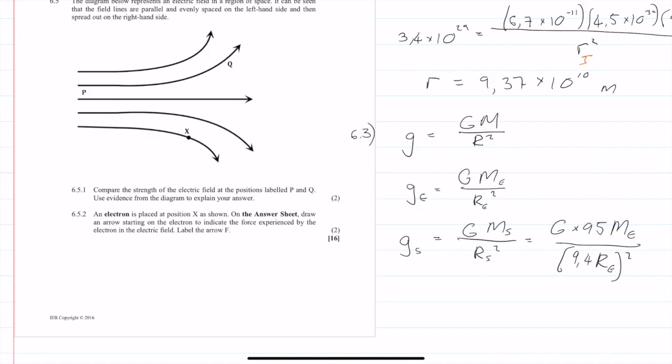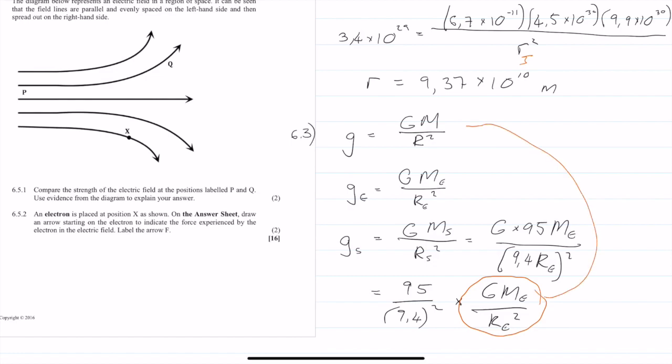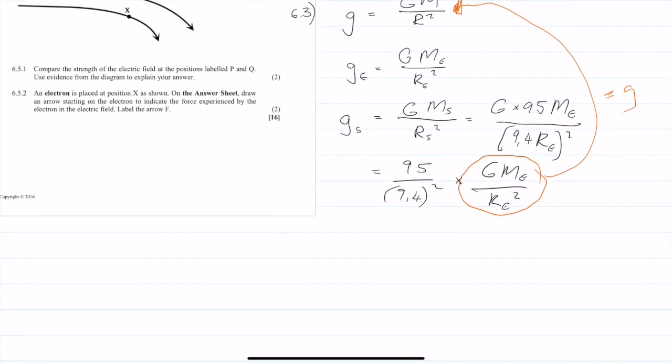Now I'm going to write it in a different format. I'm going to pull the 95 forward, and take the 9.4 squared out the bottom, and then we're left with G, mass of the Earth over radius of the Earth squared. This whole thing is equal to g on Earth.